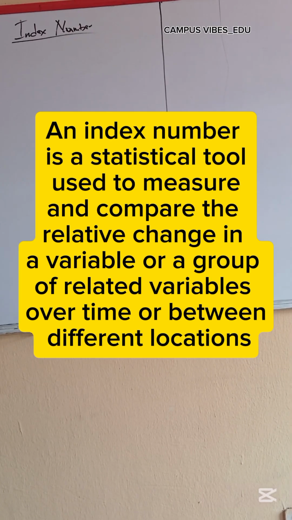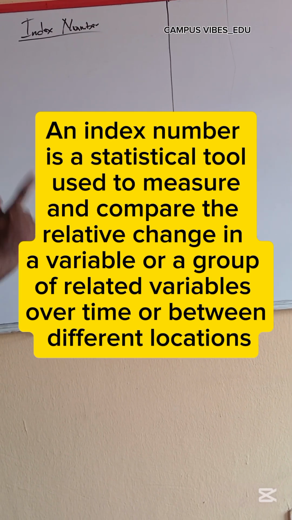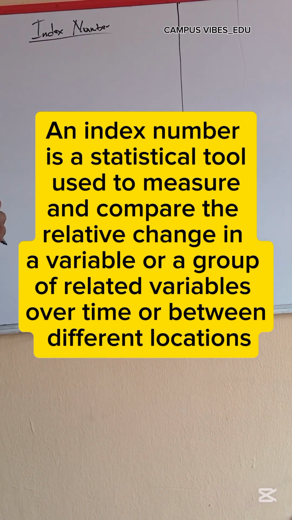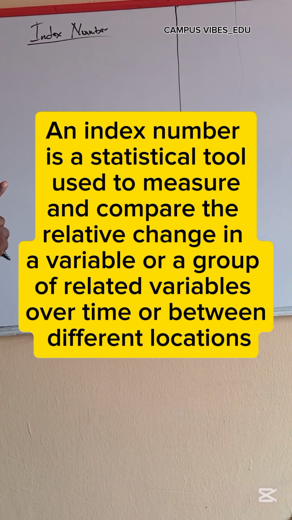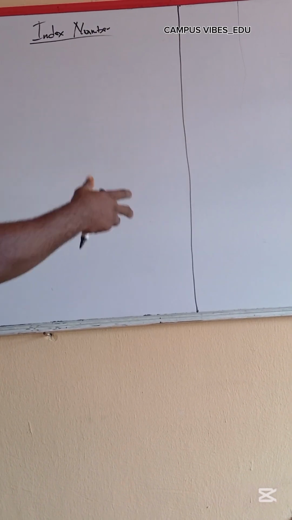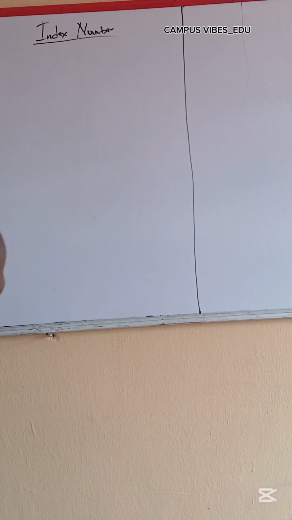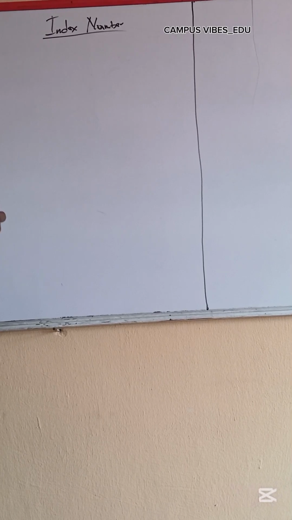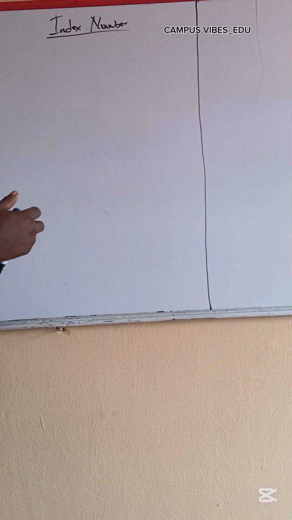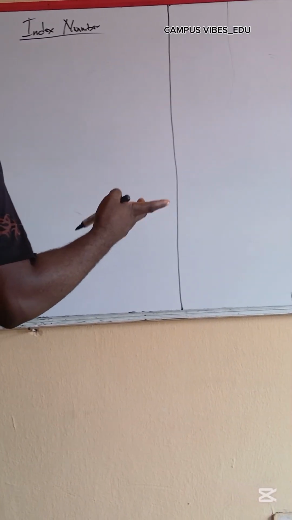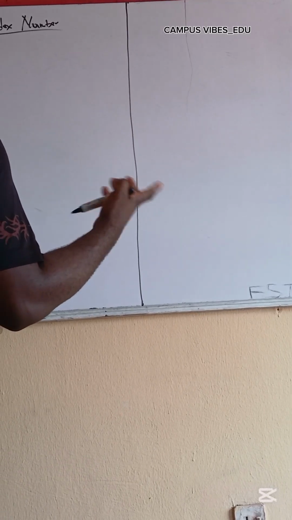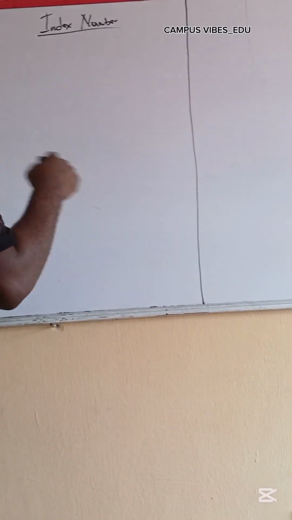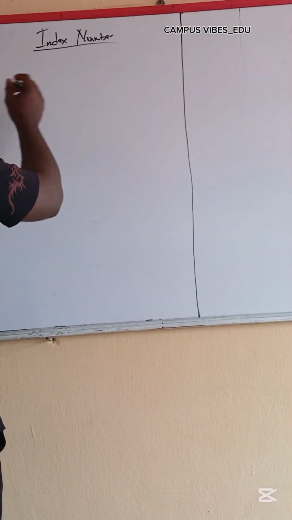Index number is just a statistical measure that shows changes in a variable or group of related variables over time. It can tell you how much something like prices, quantities, or production changes compared to a base year.